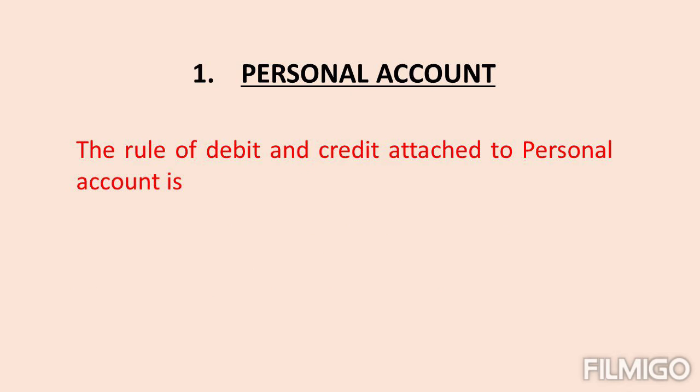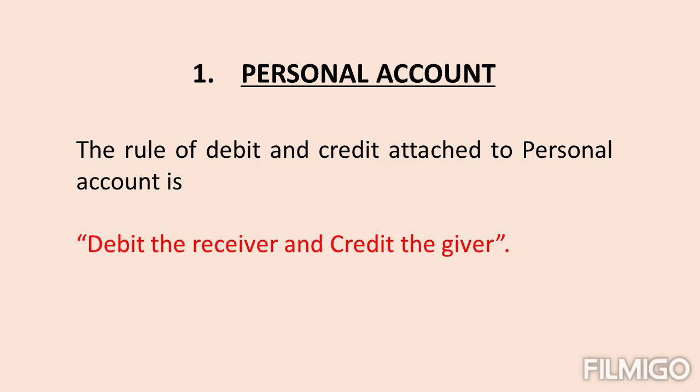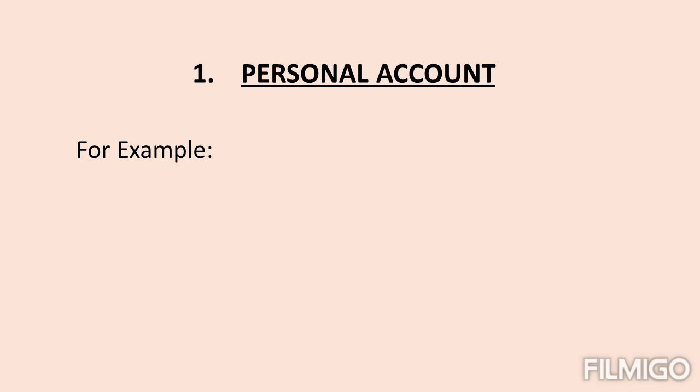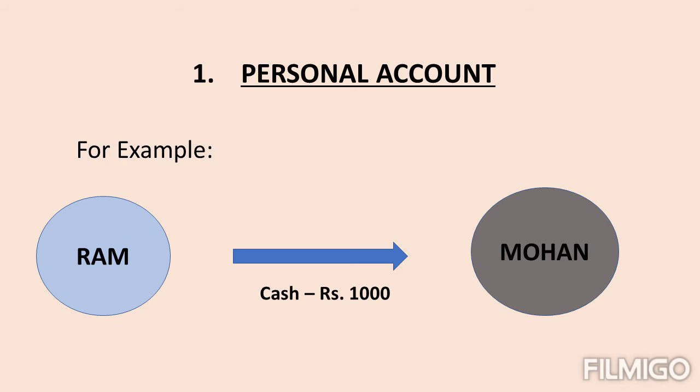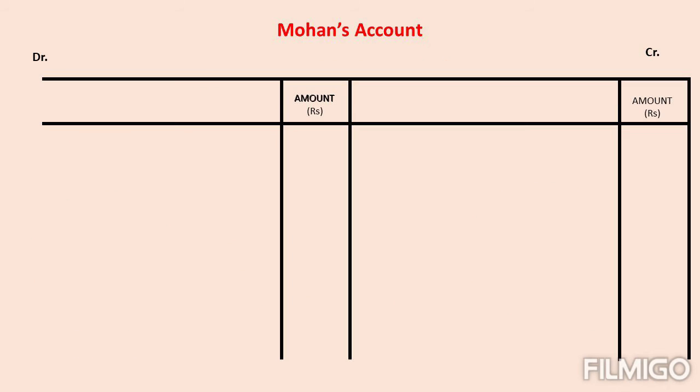The rule of debit and credit attached to personal account is debit the receiver and credit the giver. For example, if Ram pays cash rupees 1000 to Mohan. In this case, Mohan is the receiver and Ram is the giver.